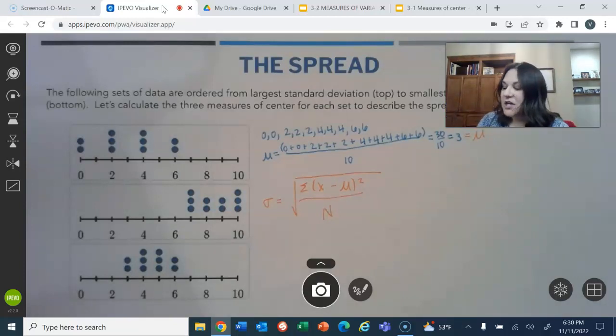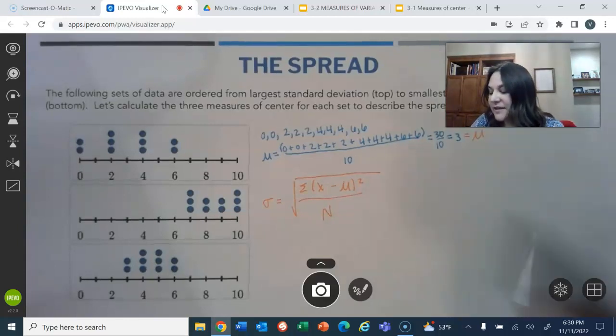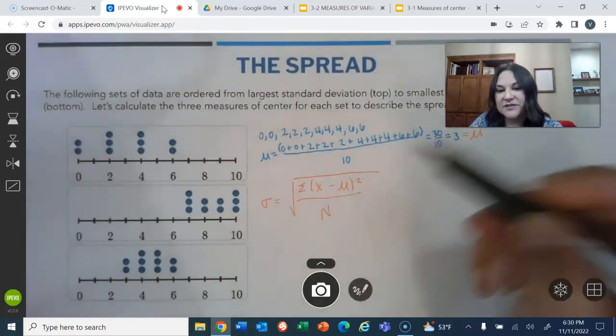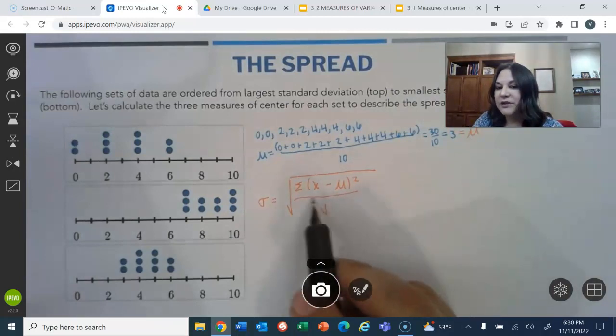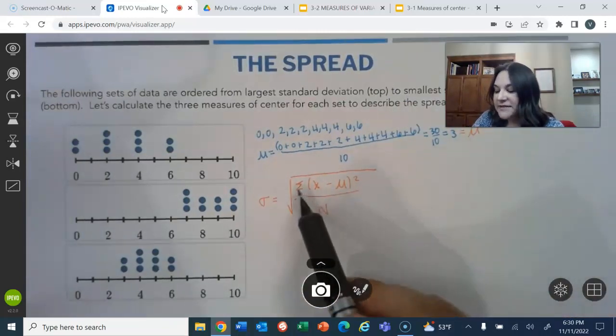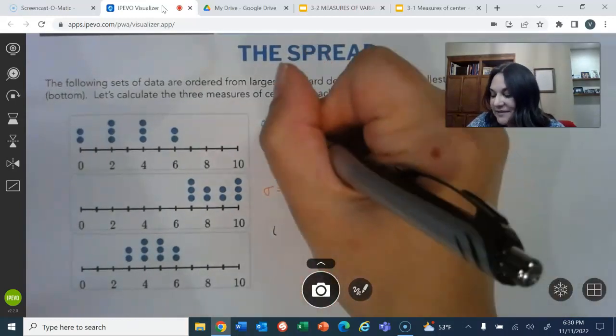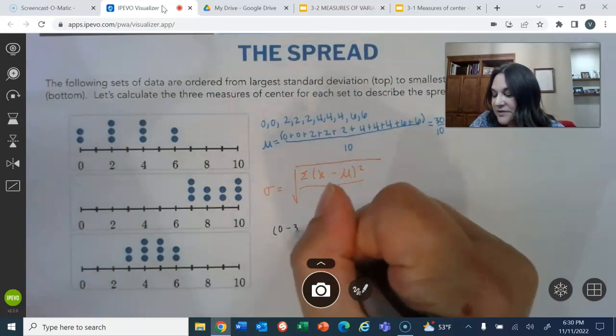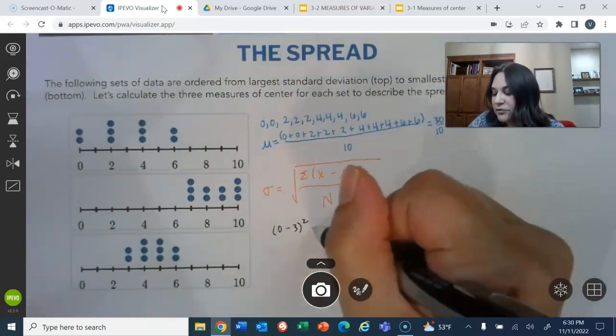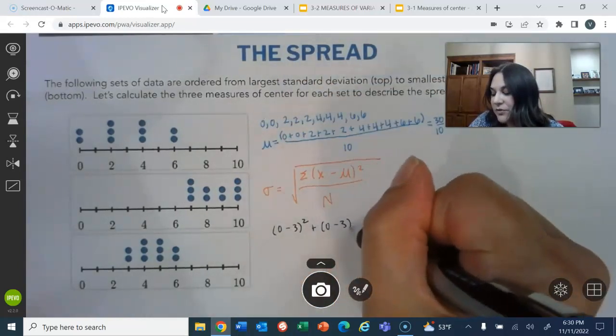Okay, so now, before you see me do this big square root and before you see me do the fraction part, instead of the summing, I'm literally going to put pluses like you see me do. So every X, like this is the first X, I'll do 0 minus 3 squared. And then I'll do plus another 0 minus 3 squared.